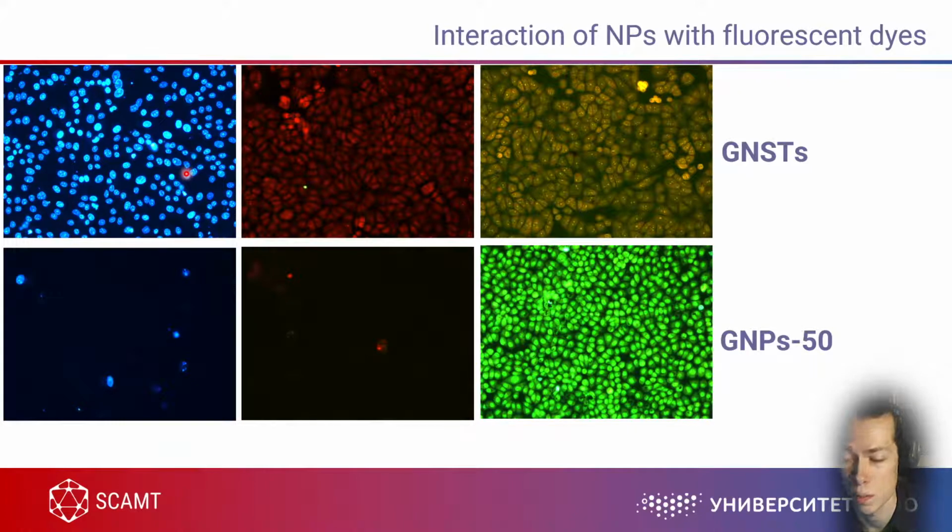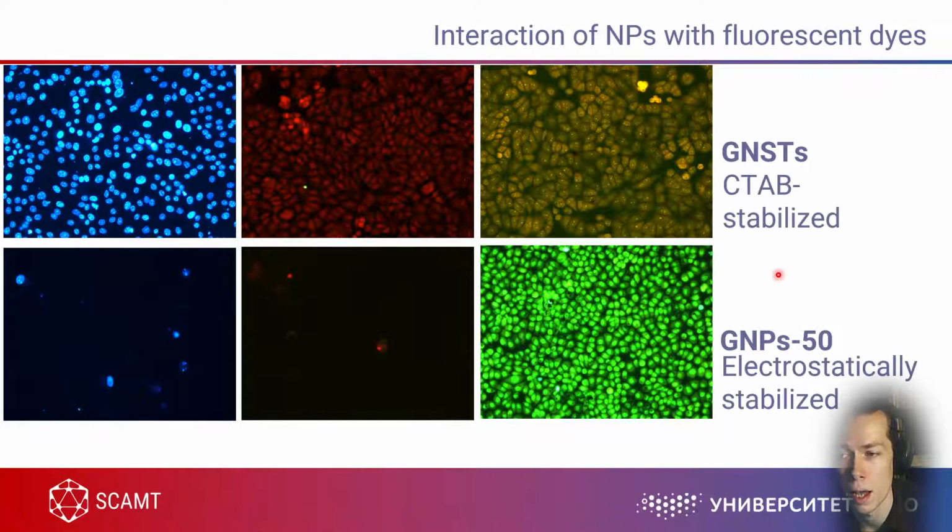Why does this happen? Because you need to understand what you use during the synthesis of your nanoparticles. These nanospheres are obtained by a simple reduction method from chloroauric acid with trisodium citrate, and they are electrostatically stabilized.